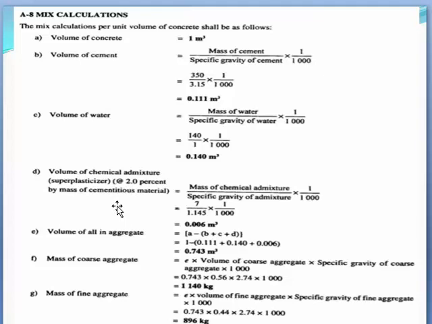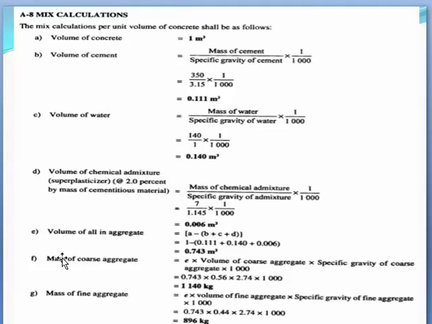So 2% of the mass of the cement is the mass of the chemical admixture. 2% of 350 is 7. So 7 divided by 1.145 multiplied by 1 upon 1000 is 0.006 meter cube.